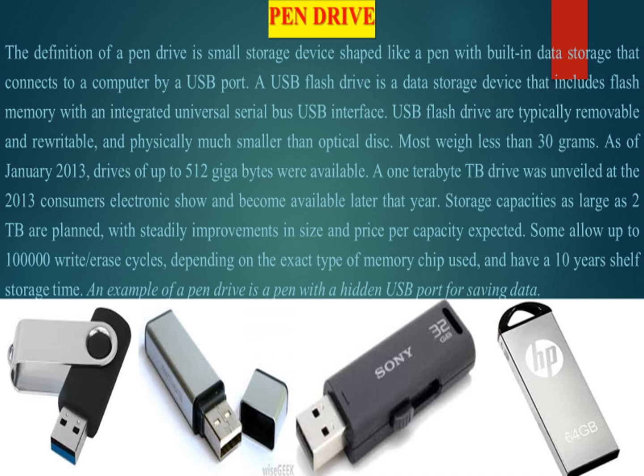Some allow up to 1 lakh write erase cycles depending on the exact type of memory chip used and have a 10 year shelf storage time. An example of a pen drive is a pen with a hidden USB port for saving data.